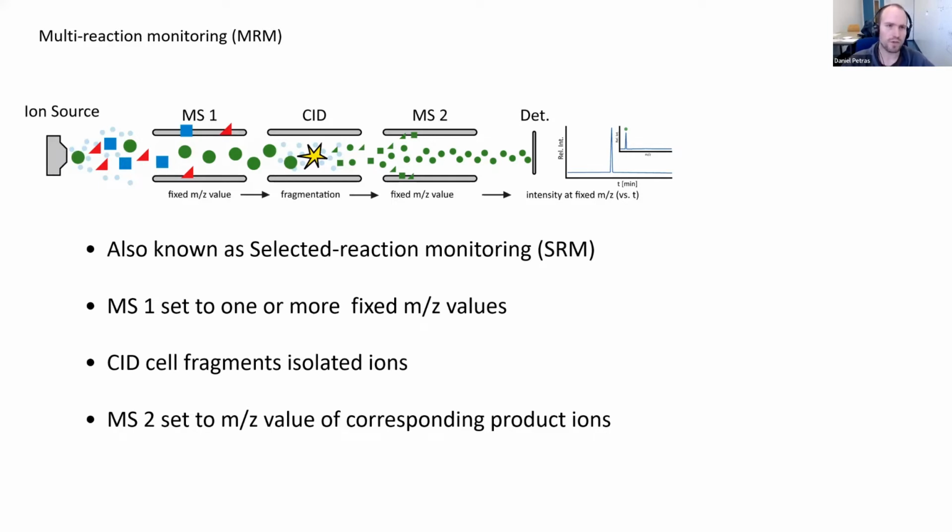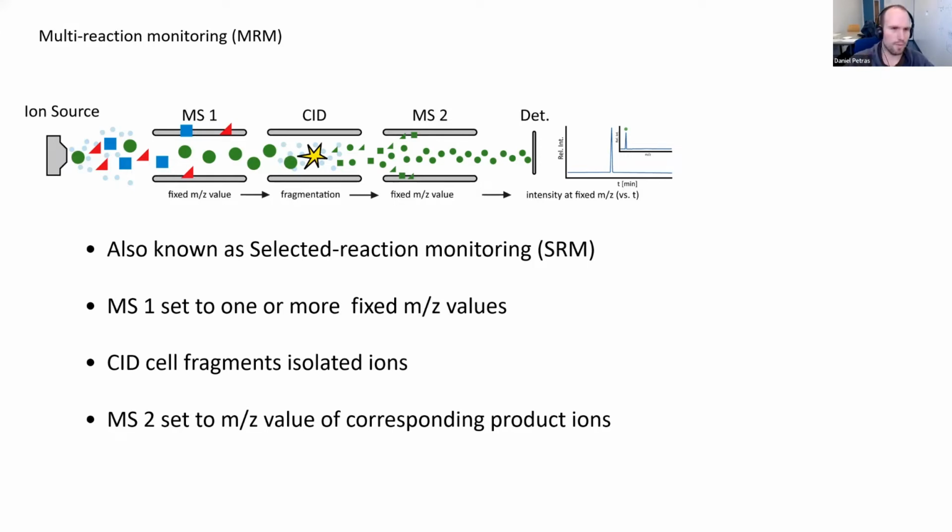Okay, then also with a triple quad, which is typically used for this type of experiment, you can use multi-reaction monitoring. So now you use both mass specs you have, in this case quadrupoles, not scanning, but set at particular mass ranges. That has the advantage that you look only for something very specific, right?